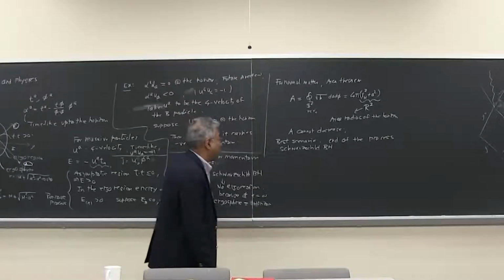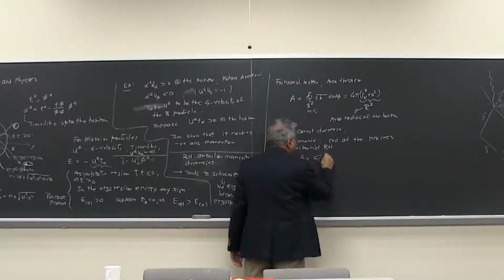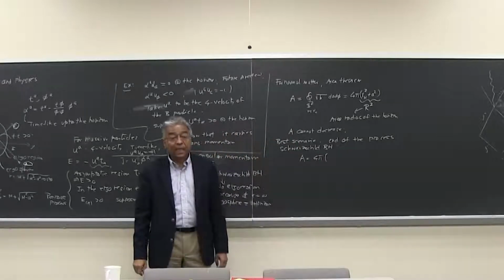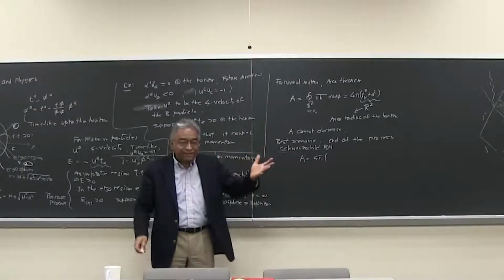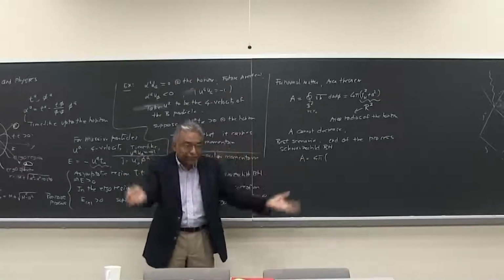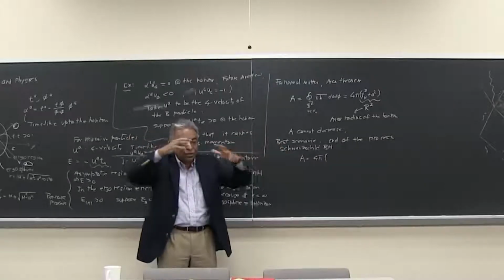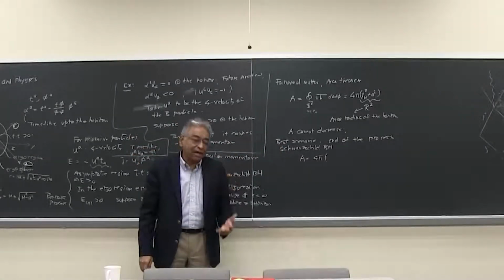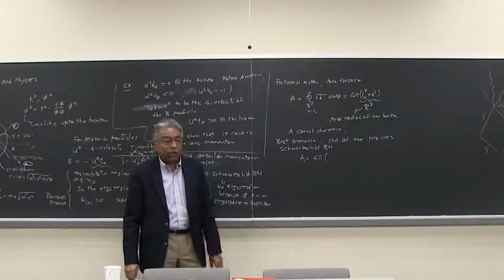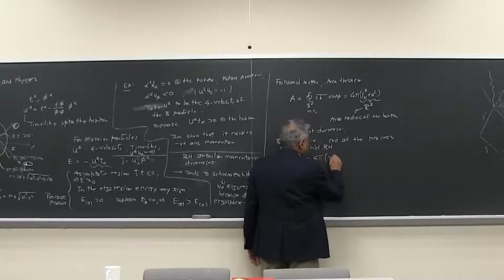And for the Schwarzschild black hole, we know that the area is equal to 4 pi times the radius squared, because there R is a geometrical coordinate. 4 pi r squared is really the area of the two-sphere, where r is the Schwarzschild r, and r is equal to 2m.